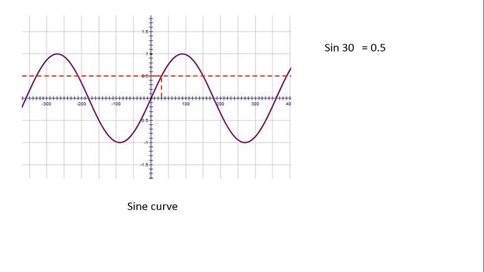So we need to find out what other angles, so what angle is this, what angle is this, etc. Now all of these, if I put in sine of something, whatever that angle is, equal 0.5, a half. Now you don't need the calculator to work these out.